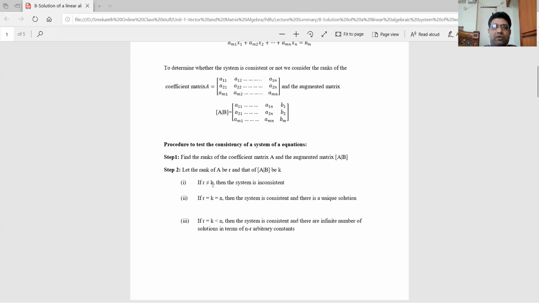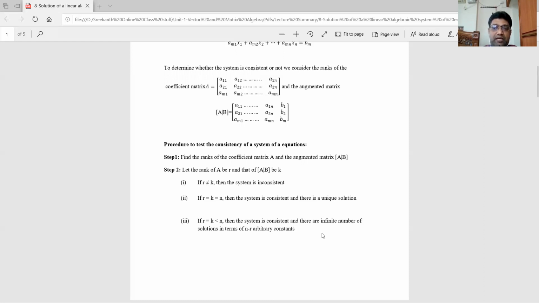If the rank of the coefficient matrix equals the rank of the augmented matrix equals n, the number of unknowns, then the system is consistent and it will have a unique solution. The third type is, if the rank of the coefficient matrix equals the rank of the augmented matrix, but it is less than the number of unknowns, then the system is consistent, but it will have an infinite number of solutions.